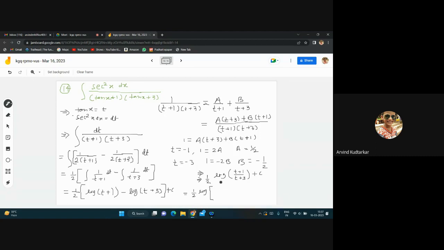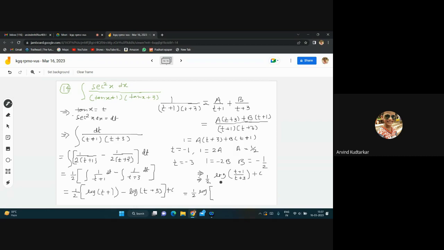What is that value of t? Resubstitute their value of t and t is equal to tan x. इकडे काय सबस्टिट्यूट करायचं, t च्या ठिकाणी tan x प्लस 1 अपॉन tan x प्लस 3 प्लस c. तो करेक्ट सॉल्यूशन कौन सा होता है, हाफ टाइम्स इंटू लॉग ऑफ tan x प्लस 1 अपॉन tan x प्लस 3. हो रहा है ना, तो ये करेक्ट सॉल्यूशन होता है.